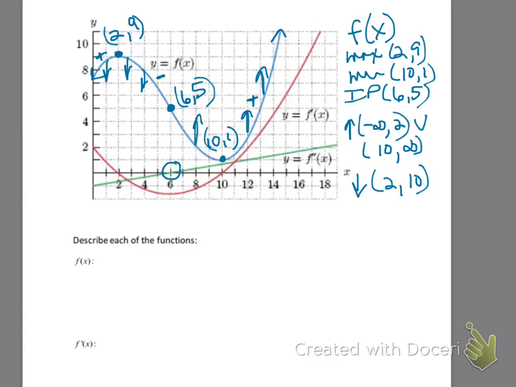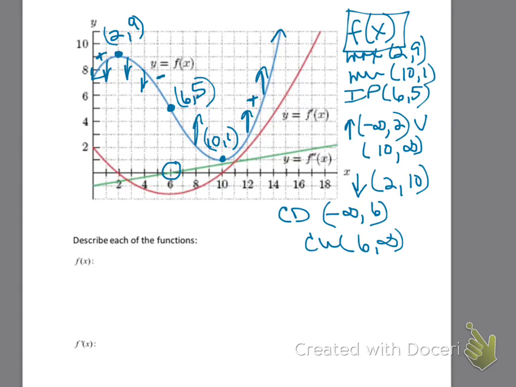In terms of concavity, my function is concave down from negative infinity all the way to 6, not inclusive, and concave up from 6 to infinity. Okay? So I can say those things about my original function.